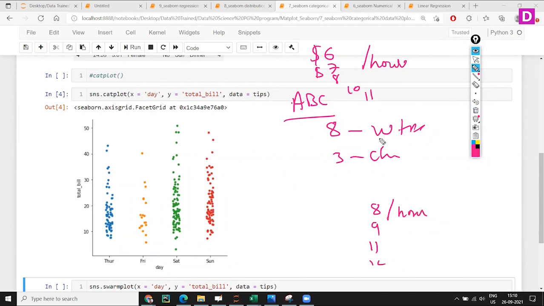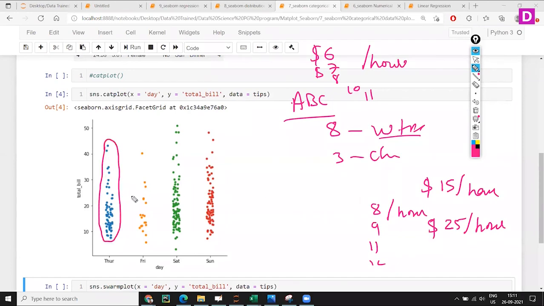So similarly, for waiters also, suppose I'm giving, 10 is too less, I believe, for our waiters. Say $15 per hour. And for chefs, suppose say $25 per hour, right? So on Thursday, what I can do, I can have all 8 waiters and 3 chefs.